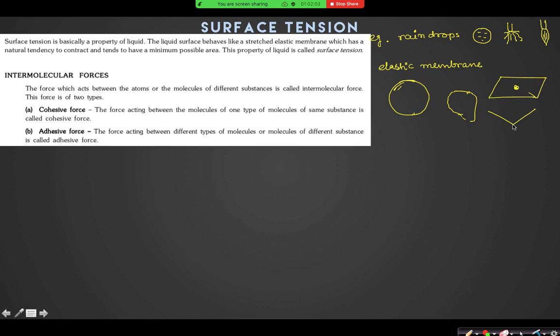And in this condition, there is a tension developed inside the elastic membrane. Yes or no? Surface tension is a similar force to that tension. These tensions are developed inside the elastic membrane if I want to increase its surface area. So these tensions are equivalent to surface tension. Now you can understand what surface tension is. Surface tensions are only acting on the liquid free surface if you increase the surface area.